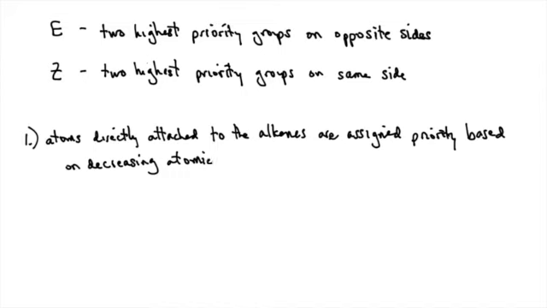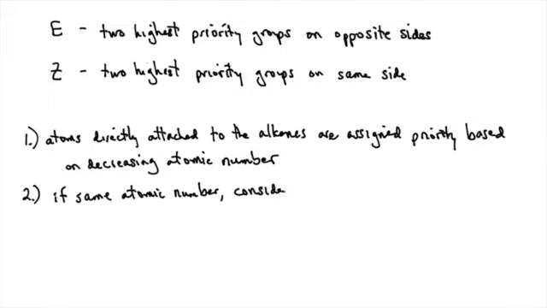So the higher atomic number is higher priority. Now, if two groups have the same atomic number, you consider atomic mass. So groups that have the same atomic number but higher atomic mass are going to be higher priority.